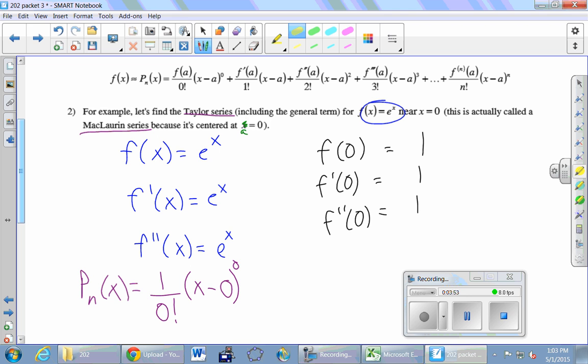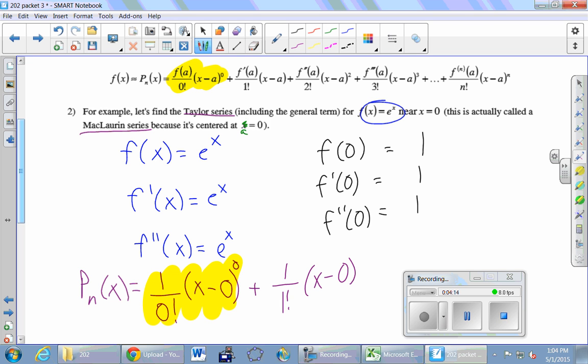So I'm just going to go very slowly here. That term is this term. It's just a 1. Next one, plus. Now we're doing f prime of 0. How much is it? That's a 1, divided by 1 factorial times x minus 0 raised to the 1. Different color. That is the next term.